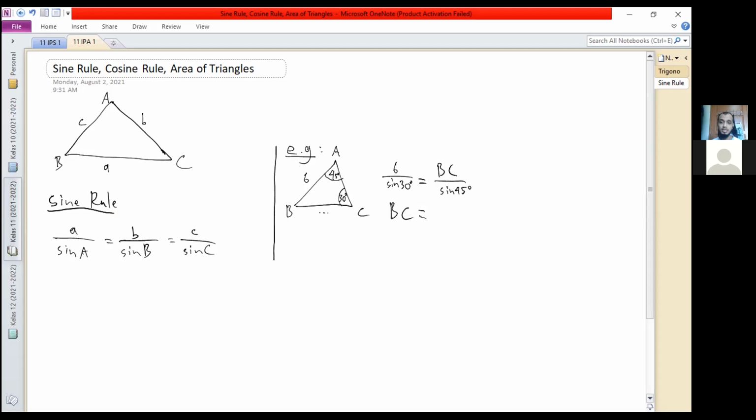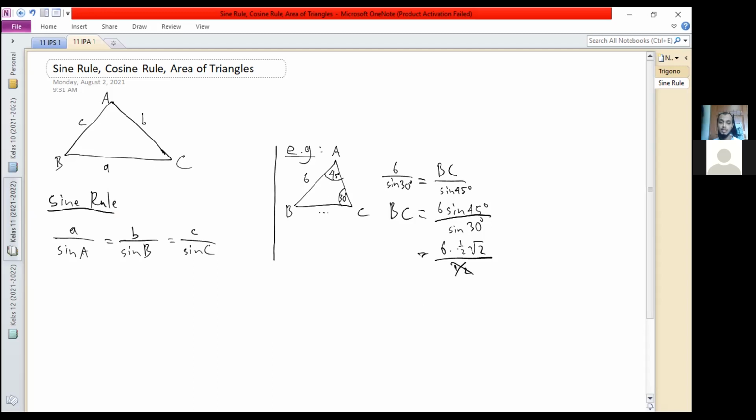So BC equals 6 divided by sine of 30 degrees times sine of 45 degrees. Let me multiply it directly before substituting the values. So we multiply 6 and sine of 45 degrees, and then substitute the values of the sine. So 6 times 1/2 square root of 2, and then divided by 1/2.